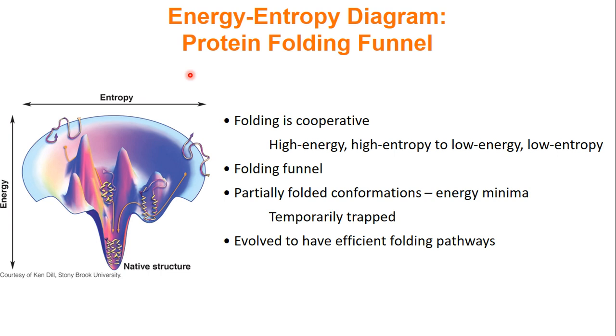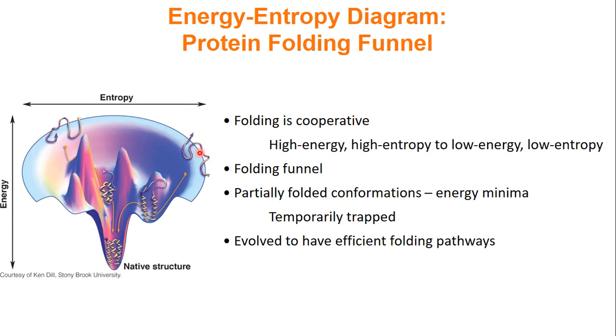And the best way to think about how a protein folds is through what is called a folding funnel. Folding is very cooperative in that a protein folds in parts, and that leads to kind of a chain reaction where it continues to fold. The unfolded protein has very high energy, which is a bad thing, since in terms of energy you want low energy, but it has very high entropy, and that's a good thing. That makes sense for an unfolded protein.